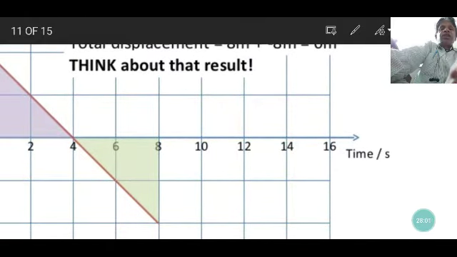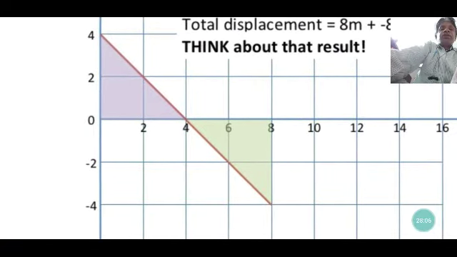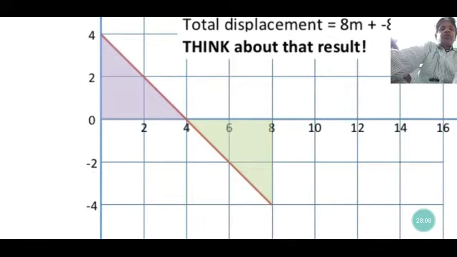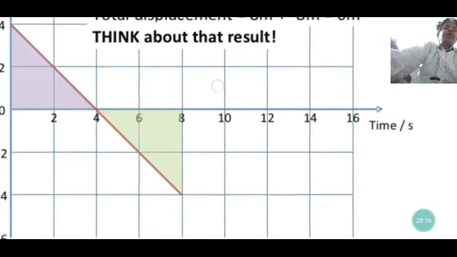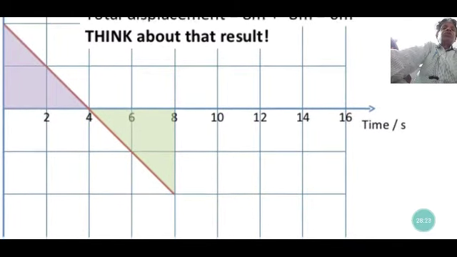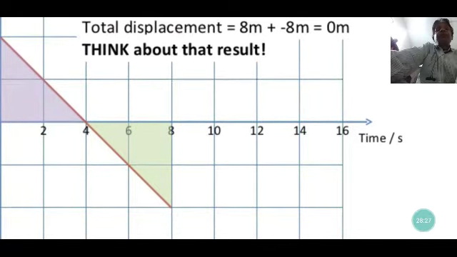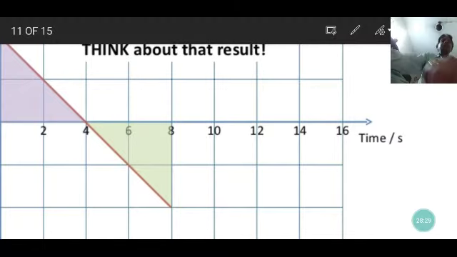We can say the total displacement of the object in the time interval 0 to 8 second is 0. The areas subtracted, so we get 0 displacement. But the distance covered will be 16 meter, while the displacement is 0.